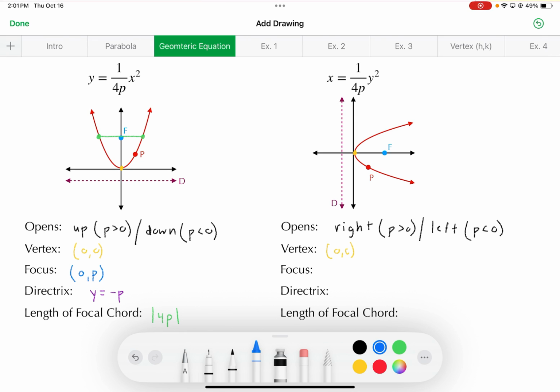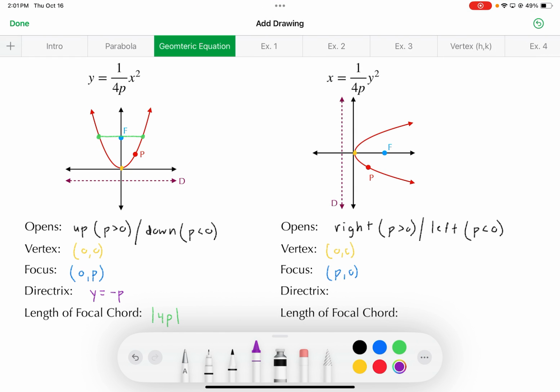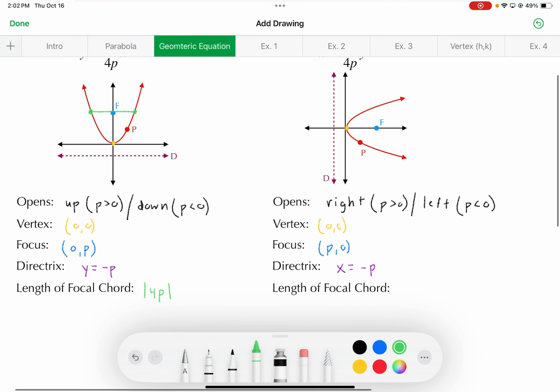Okay, so if we're opening right, that means the focus is to the right of the vertex. So now it's going to be at (p, 0). The directrix will now be a vertical line of x equals negative p. And here would be your focal chord. Still has a length of the absolute value of whatever 4p is.